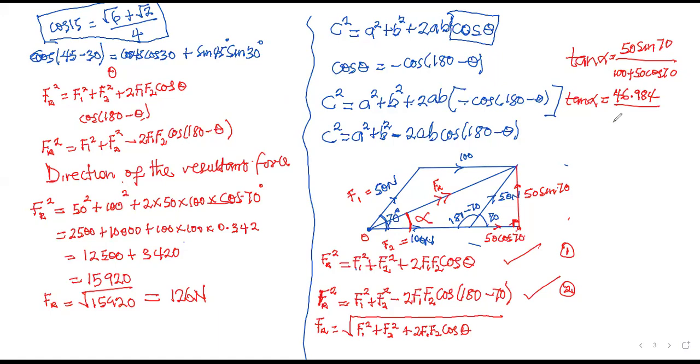What is 100 plus 50 cos 70? 117.101. Okay, so let's divide 46 by that. 0.4012.